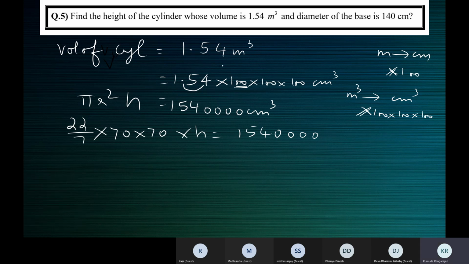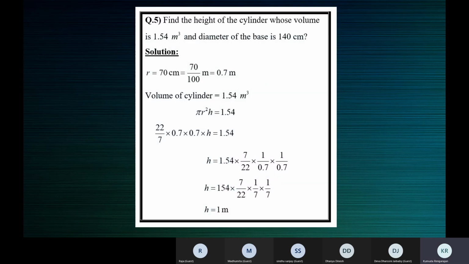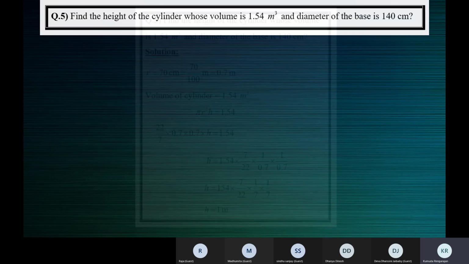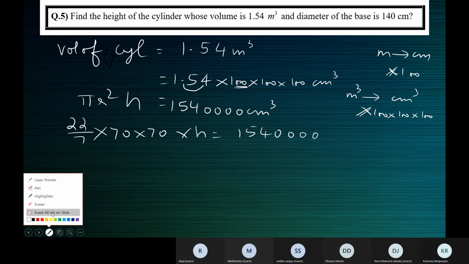Volume of the cylinder is given, children. We'll convert that to centimeter cubed. You can convert both ways. Here I've converted centimeter to meter, so let me work this for you again.